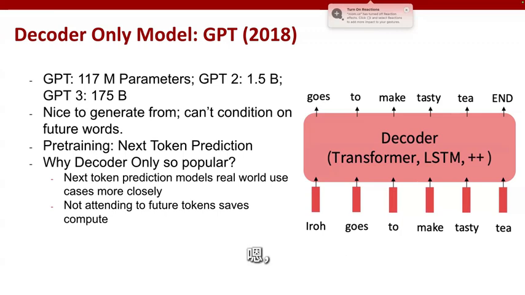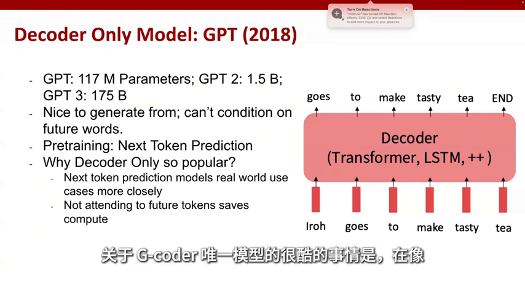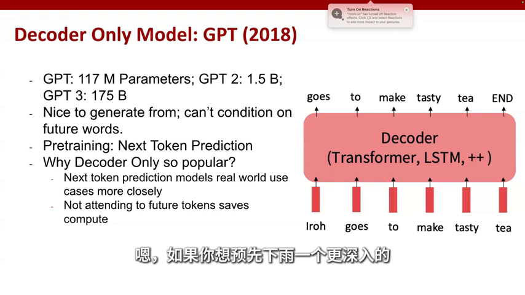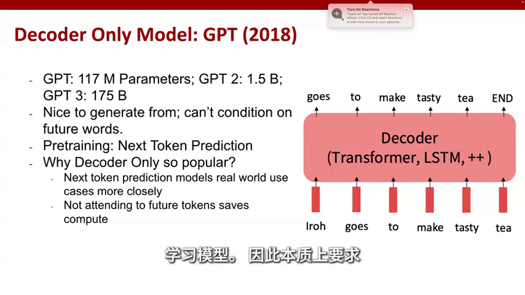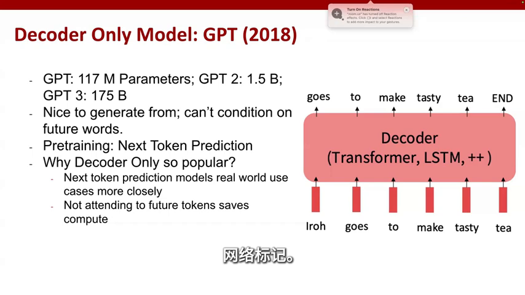And yeah, as I said before, the good thing about decoder-only models is that language generation is pretty natural. And if you want to pre-train a decoder-only model, you essentially ask the model to output the most probable next tokens based on the past context.